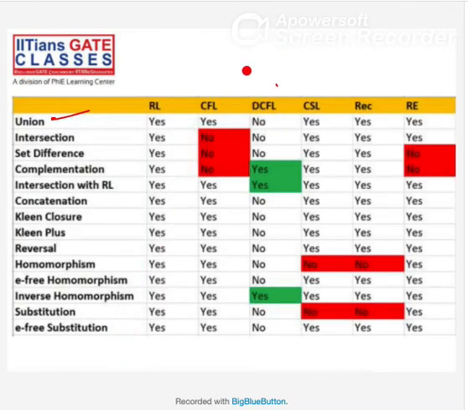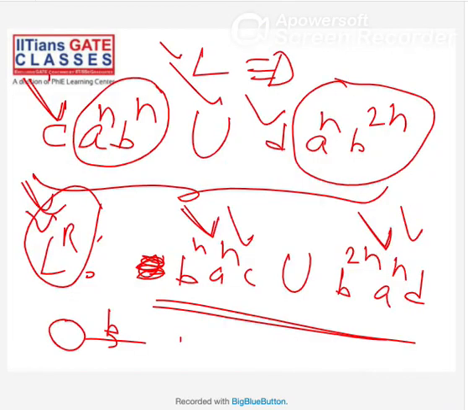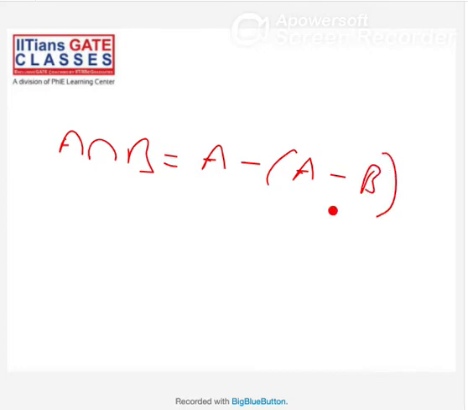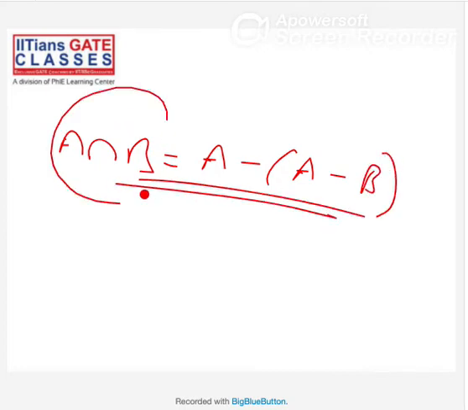Anyway, so you can see most of the operations, these set of DCFLs are not closed under most of the operations. We have seen set of DCFL are not closed under union, intersection. They are not closed under set difference also. Very easily you can prove it, because I already told you that A intersection B is nothing but A minus B. So we have already seen that set of DCFL are not closed under intersection.